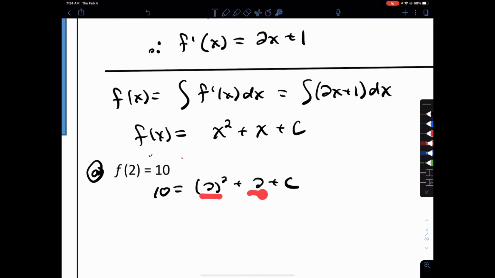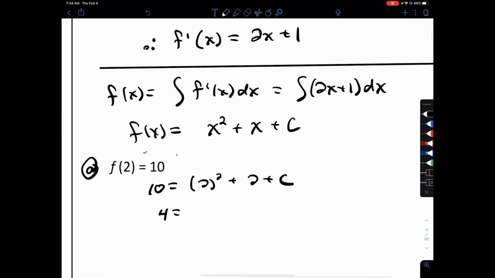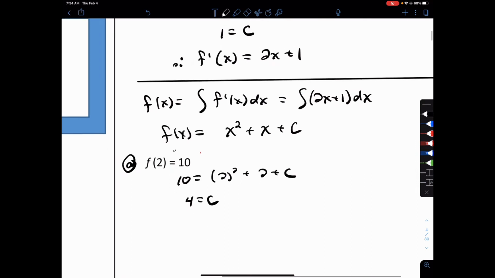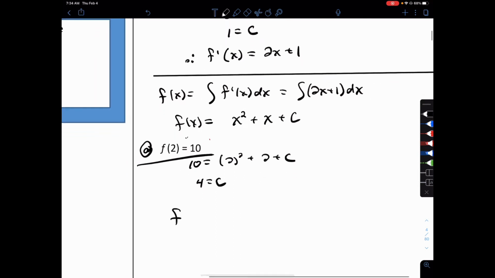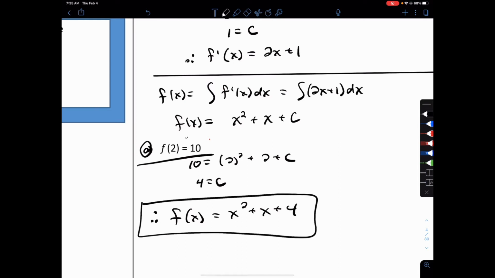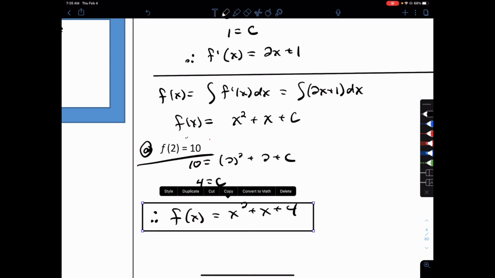So it'd be 4 plus 2 is 6. Subtract 6 from both sides, and we're going to find that c is 4. Once we know that, we could confidently say that the function f is x squared plus x plus 4, which is what the question asks us to find, so we are finished.